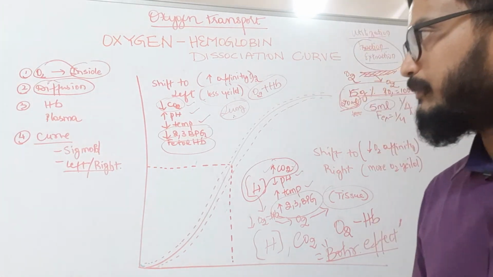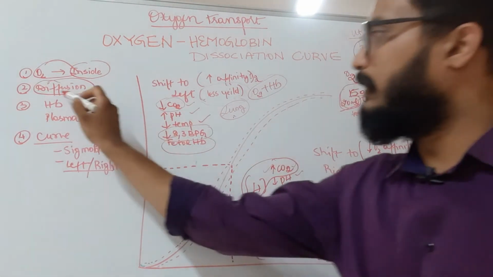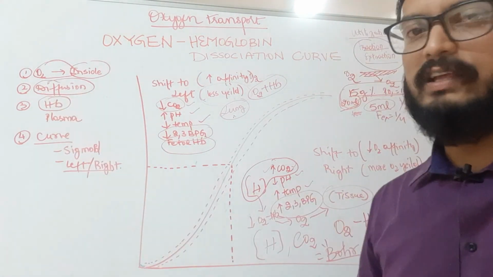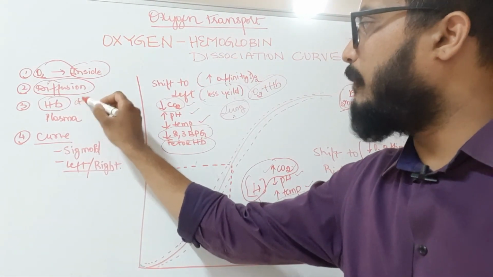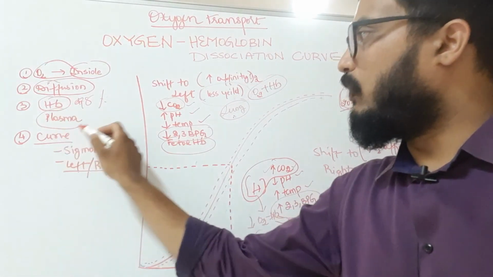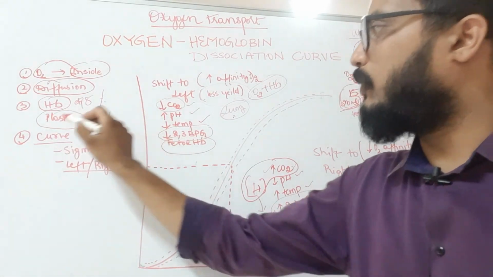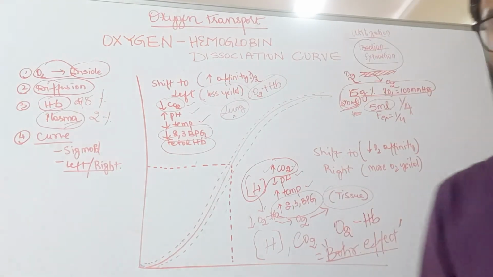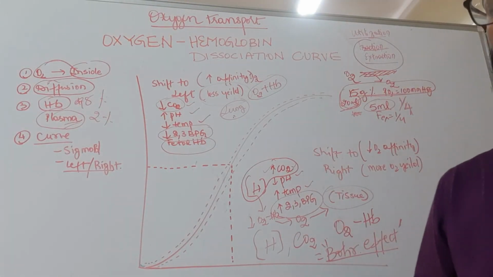The major way of transport is bound to hemoglobin, about 98%, and only about 2% is transported dissolved in the plasma.